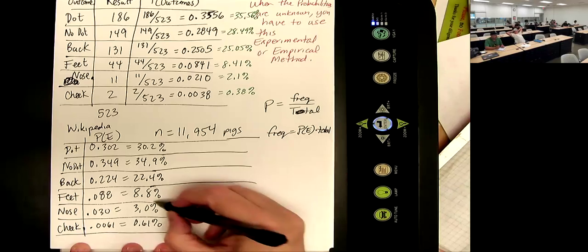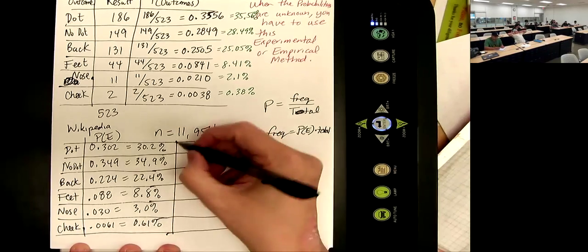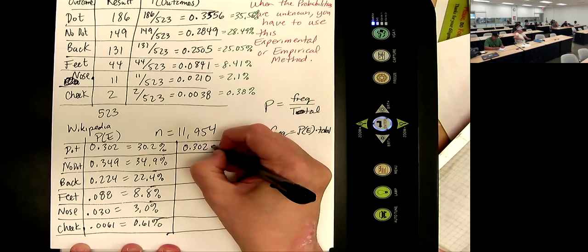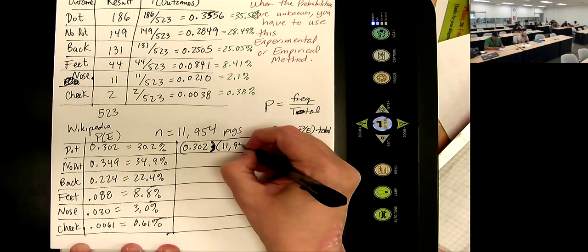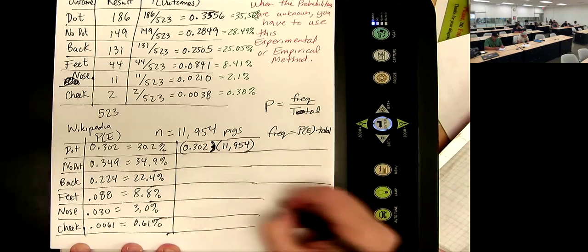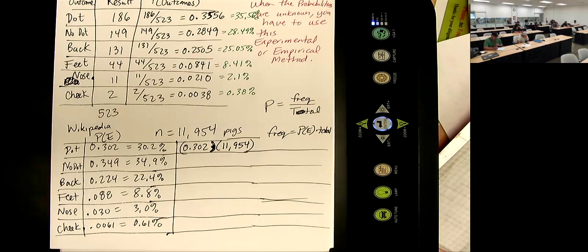I'll write out what I'm doing on the first one: 0.302 times 11,954. I'm going to round to the nearest whole number because I'm sure these percentages were rounded.